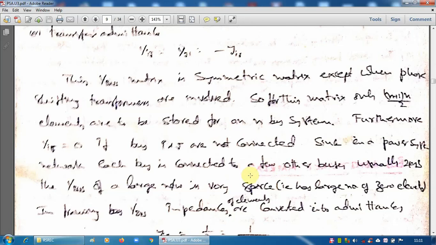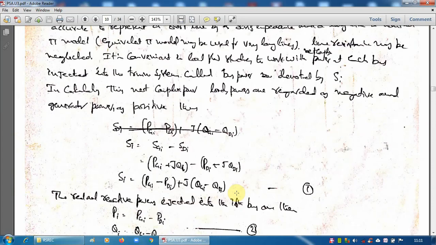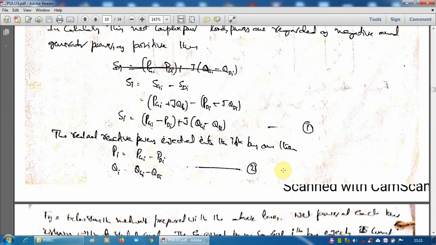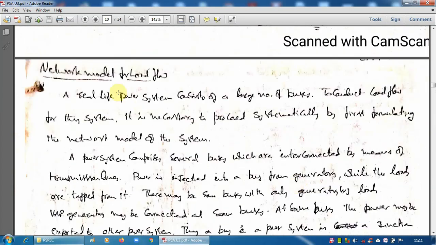Construction of Y bus is done, and we also did some problems on this Y bus. Some problems are given here also. We can easily do those problems. But before that, you see the preparation of network model for load flow.